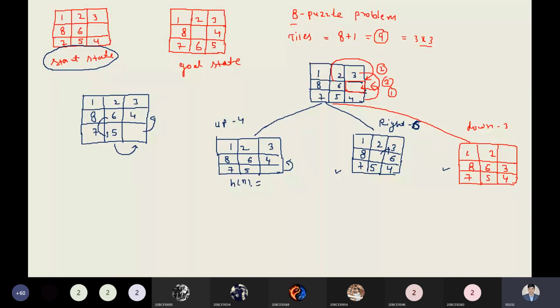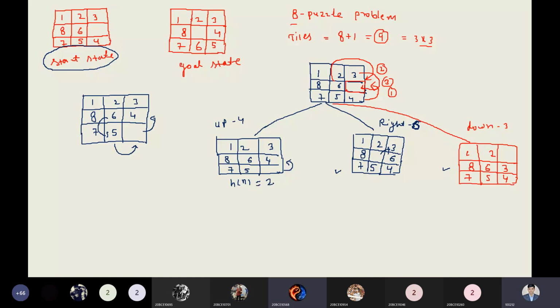Think and tell me. 3, sir. If 2, then how? Because you need to justify the answer properly in the exam. If you're talking about the up 4, what would be the answer? Sir, it should be 2. Could you tell me why 2?